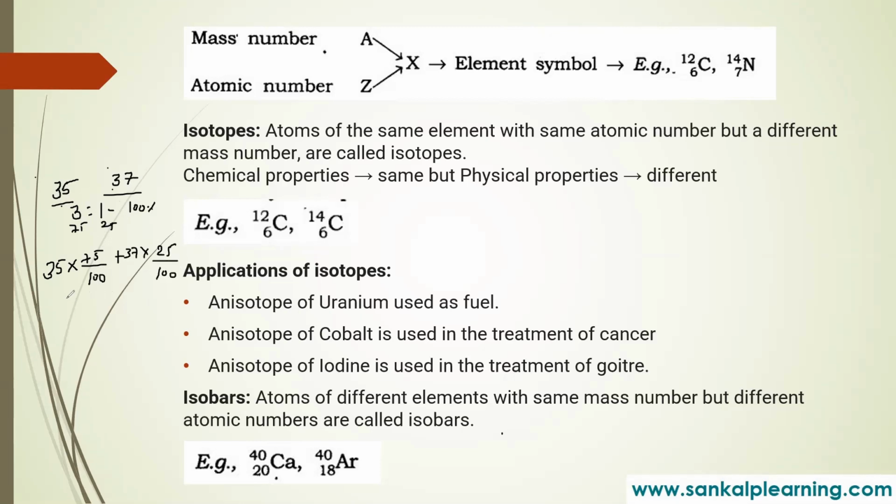If I simplify this, it will become 105 divided by 4 plus 37 divided by 4. So the LCM will be 4. Then simplify this: 105 plus 37 is 142 divided by 4. If you simplify, you will get 35.5.